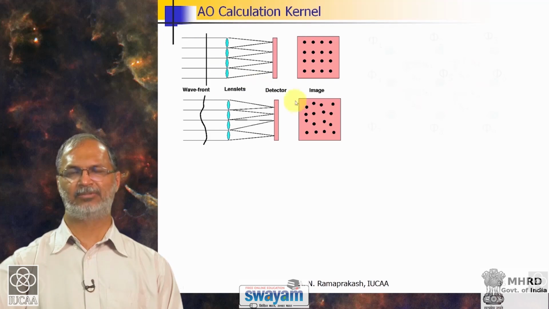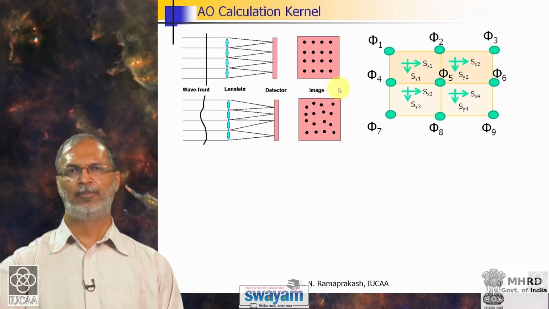So, it has these elements. You have a wavefront sensor which measures the instantaneous wavefronts, and to understand how you use that information of motion of the spots to calculate the slopes, it is easy to understand here. If you think of these as the spot locations, as spots move around, by measuring the instantaneous motion, you can calculate, taking the difference between these two spots, the spot slope in this direction.